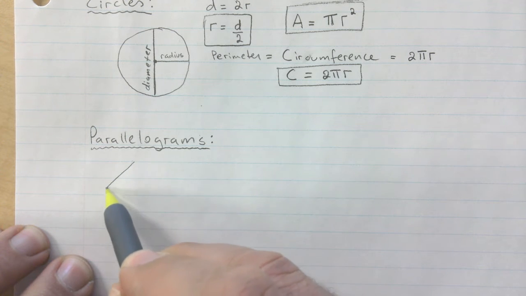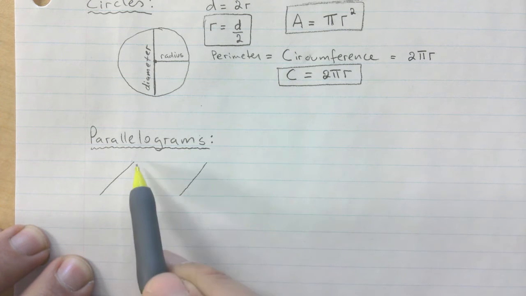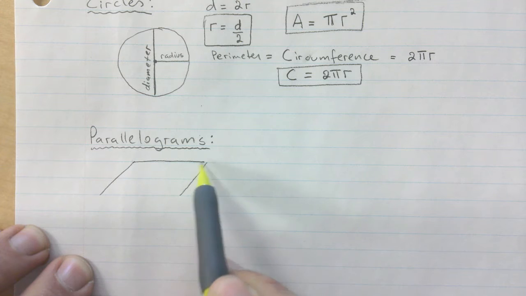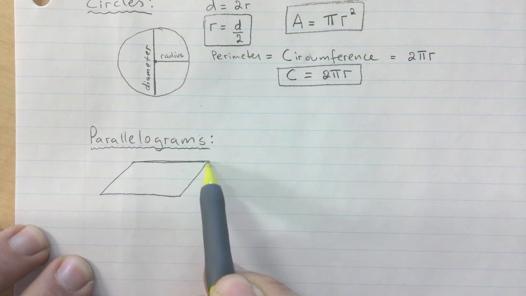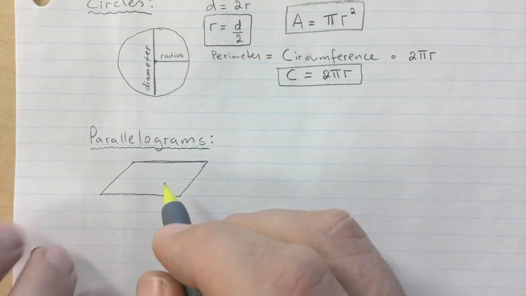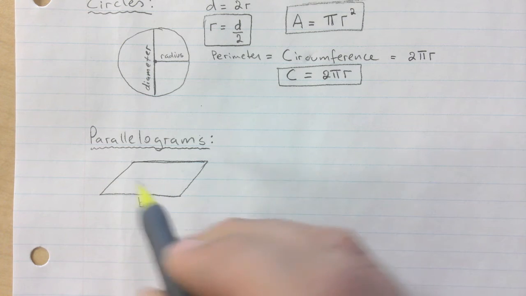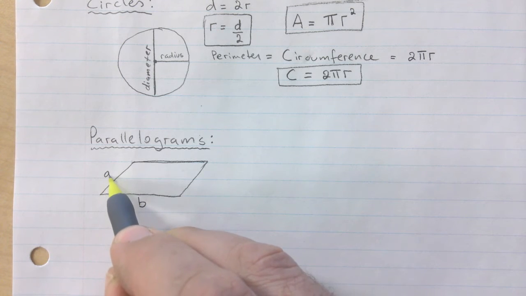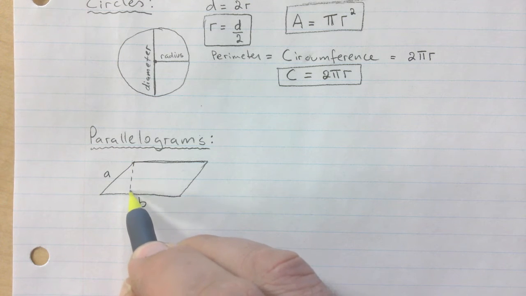A parallelogram is simply 2 sides. It's a slanted rectangle, but the 2 sides still have the same length. Okay, and we're going to call this base still. This side is A, but you have to look at the height here.